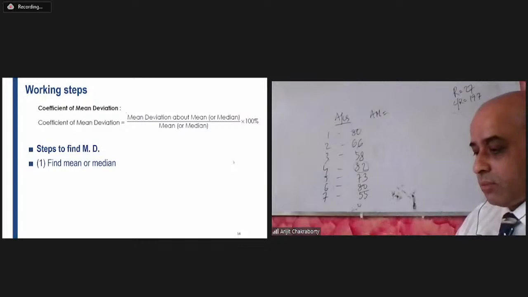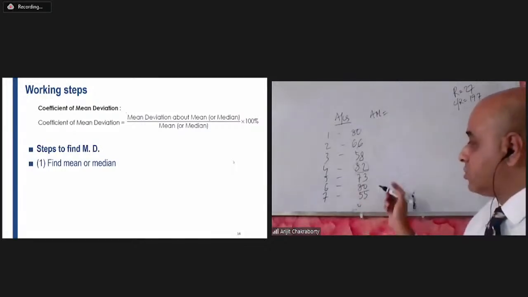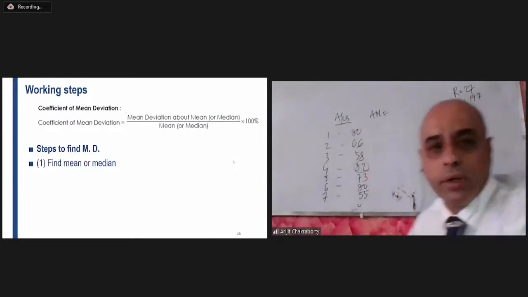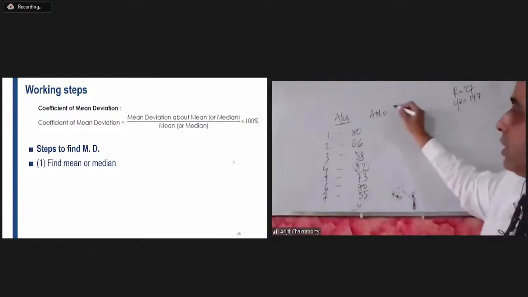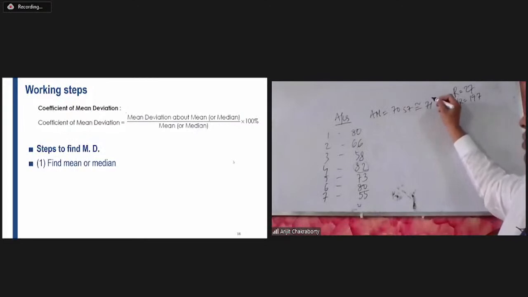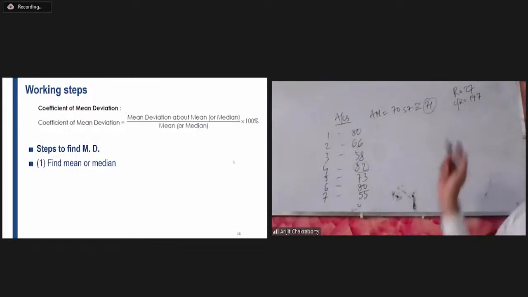The total sum comes to 494, divided by 7 students. So we get 70.57 as the arithmetic mean. I will round it off as 71.